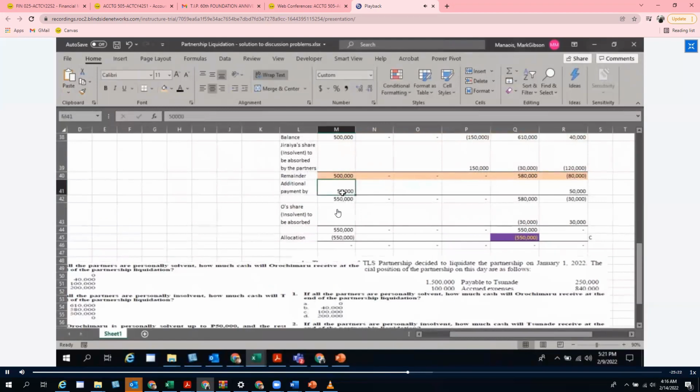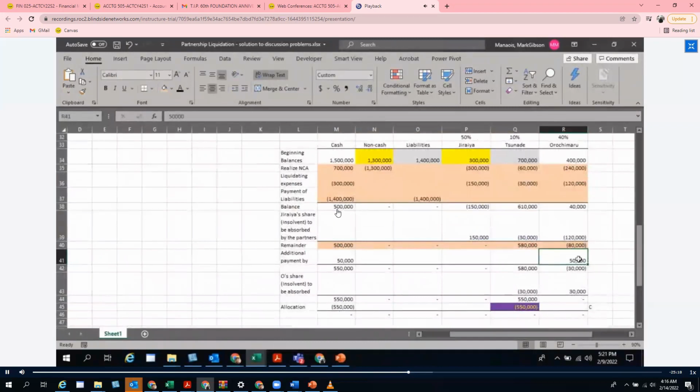So of course, debit cash 50,000 and then credit Orochimaru capital for 50,000 pesos. So kunin ulit natin yung remaining balances. So that's 550,000 pesos for cash kasi may addition na 50,000, 580,000 for Tsunade and then ayun, 30,000 pesos debit kay Orochimaru.